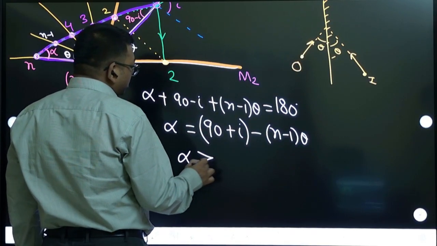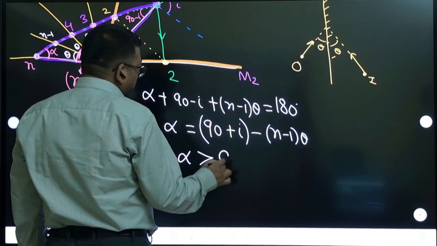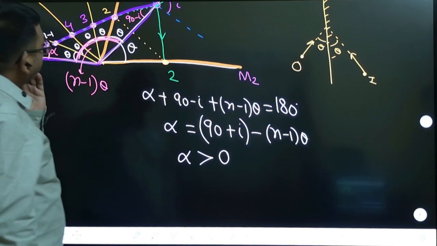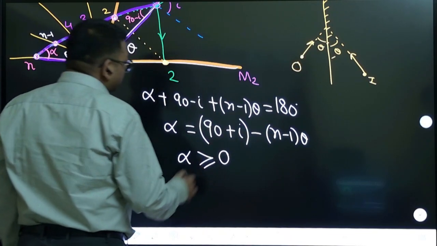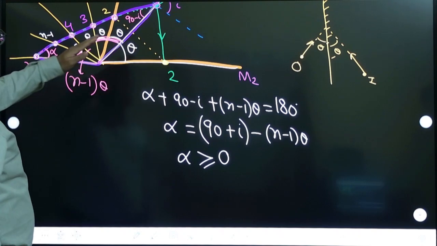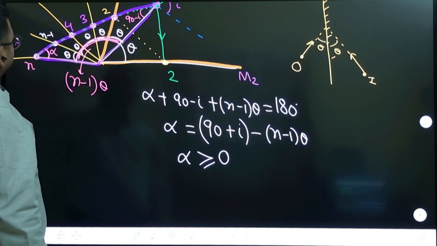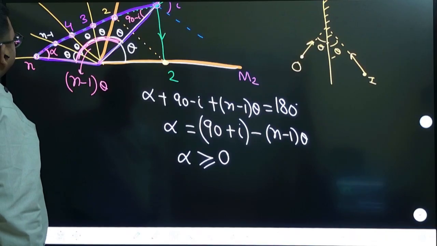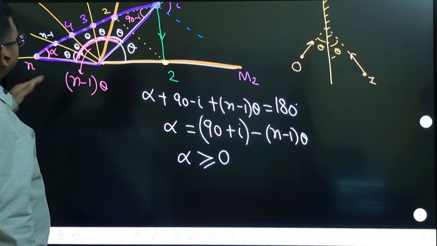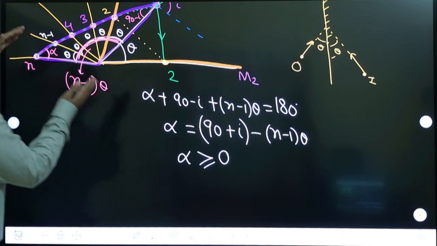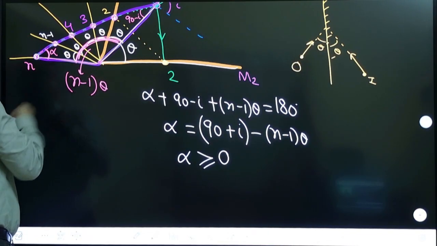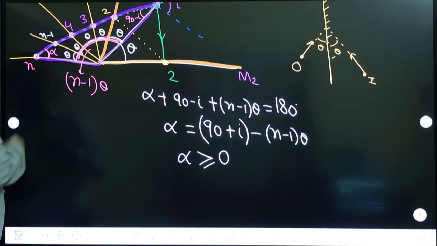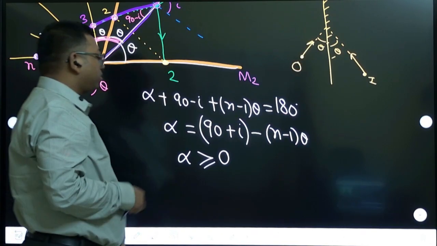This angle has to be greater than 0 because you are saying that it is a triangle. Correct? Equality also you can apply, greater than or equal to, because it is possible that this angle alpha can become 0. Is it possible? Because this is the line and you are making this triangle, it might be possible that alpha may become 0, so alpha is greater than or equal to 0.